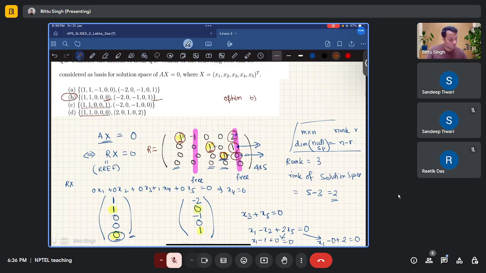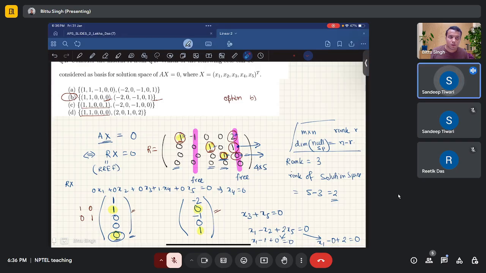So there are two linearly independent solutions. So we'll choose x2 and x5 as 1, 0 or 0, 1. So in the first case I have chosen 1, 0, and for the second I have chosen 0, 1. So this will give you a solution. This will give you another linearly independent solution.